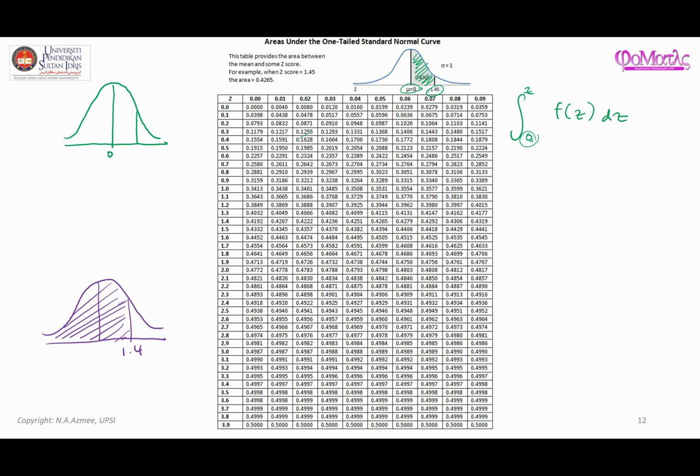If you read from the table the value of 1.4, it gives you the result 0.4192, and what it means is they just give you the area from 0 to 1.4, which is 0.4192.